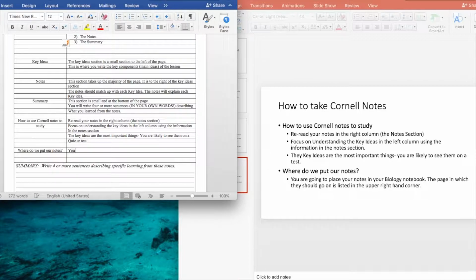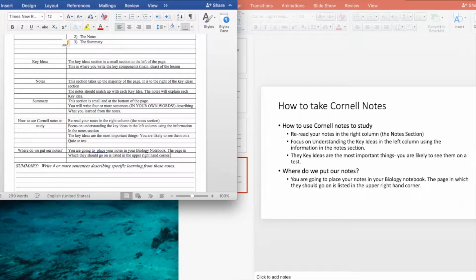You are going to place your notes in your biology notebook. The page on which they should go is listed in the upper right hand corner.